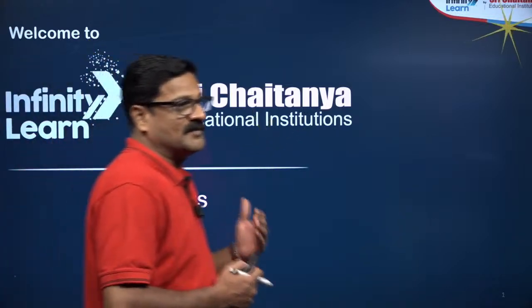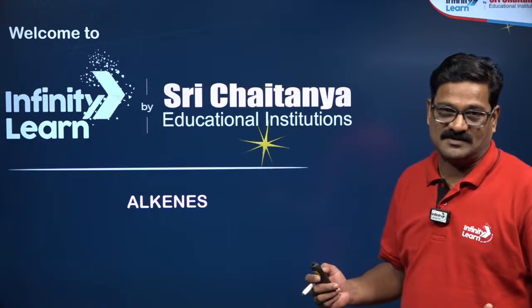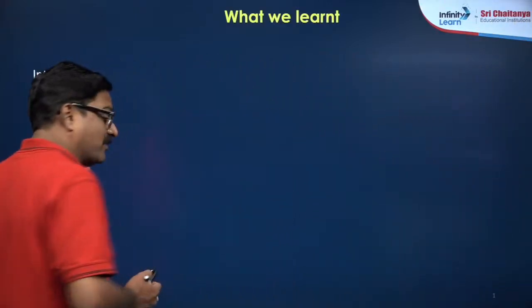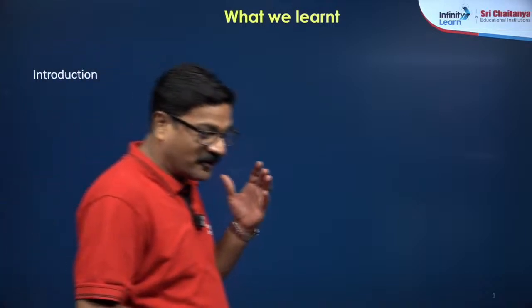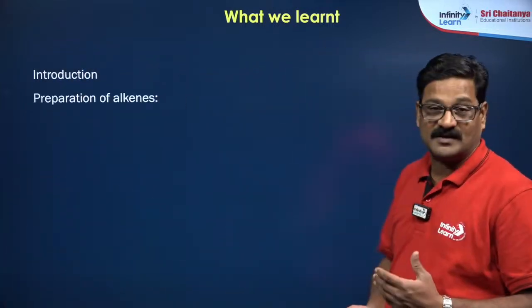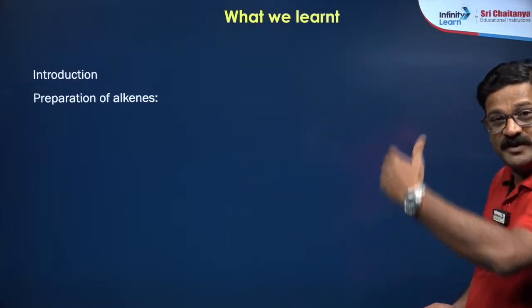Now let's see what we learned in yesterday's class. We learned the introduction to alkenes, the general formula and structures, and the preparation of alkenes. Under preparation of alkenes, we have seen many methodologies.